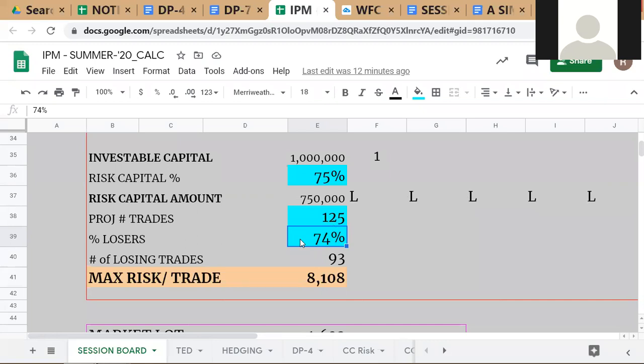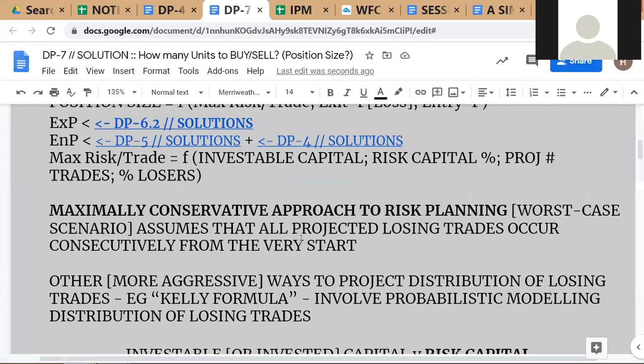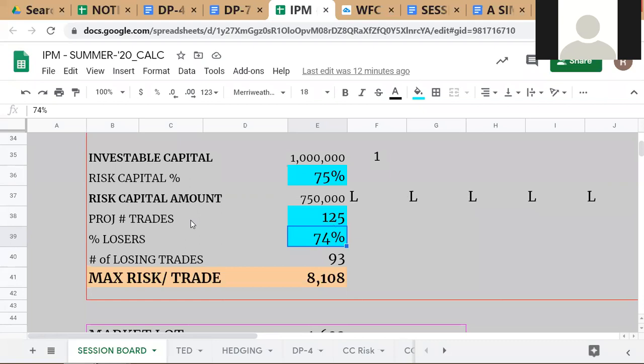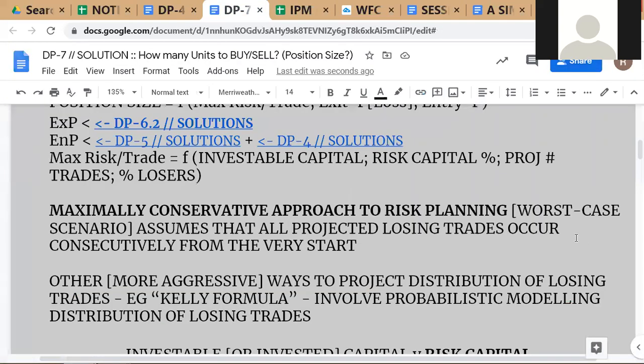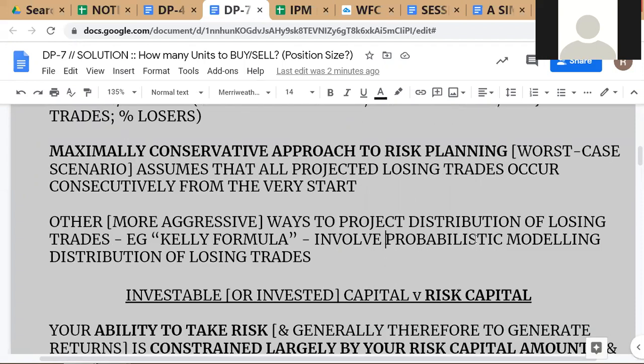So in the other approaches, the Kelly formula, etc., they assume a loss distribution. You're familiar with probability distributions. They make some assumptions about how these losses are distributed, and about the number of losses that you're going to have. That comes from the historical estimates from your trading system. So essentially the idea is to do probabilistic modeling.